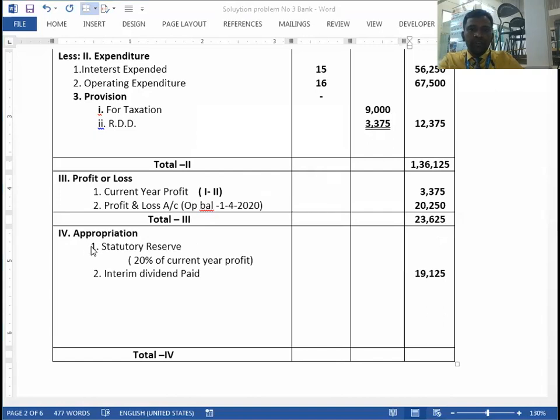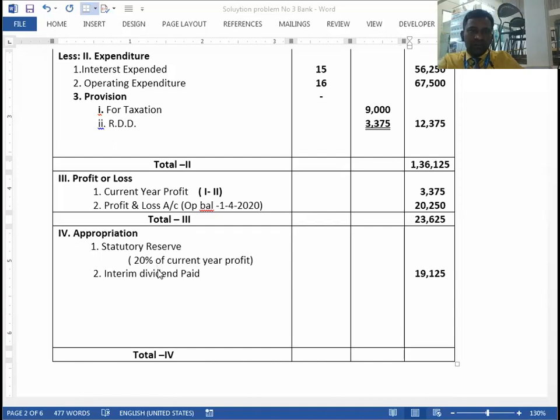Now appropriation. There are two types of appropriation here. One we have already taken, interim dividend paid, which is given in the trial balance. That's why there is only one effect of interim dividend paid. If there is any provision, then there should be two effects. One is deducted from the appropriation in the profit and loss account, and second, it is one type of liability, so it is transferred under schedule number 5, that is other liabilities and provision.